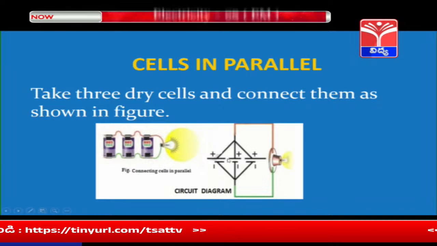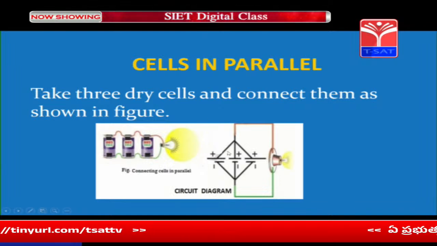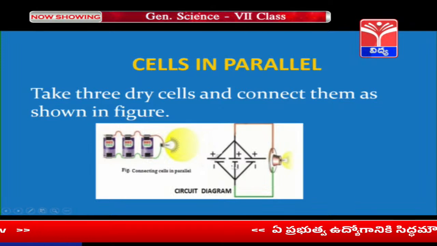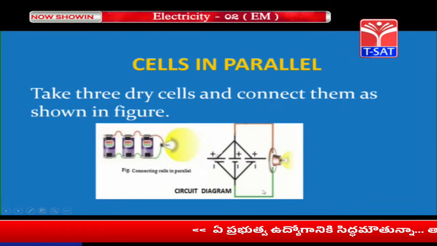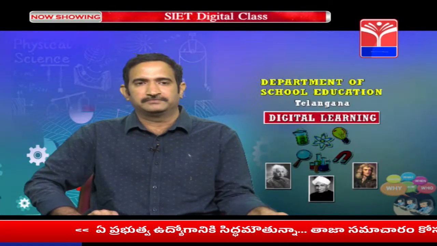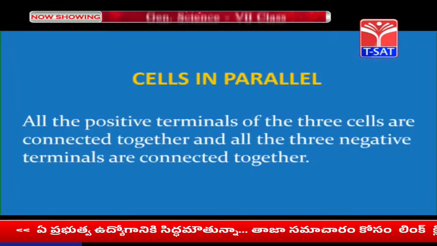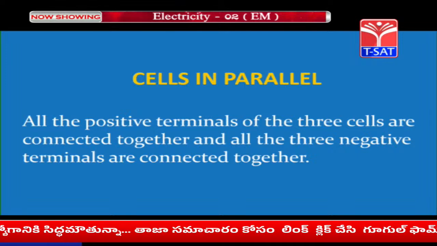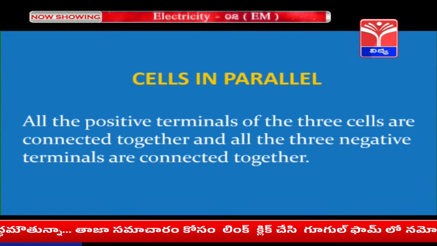Now it is the circuit diagram for that. All positive terminals are connected to one wire, all negative terminals are connected to another wire, that is connected to the bulb. Cells in parallel. All the positive terminals of the 3 cells are connected together and all the 3 negative terminals are connected together.